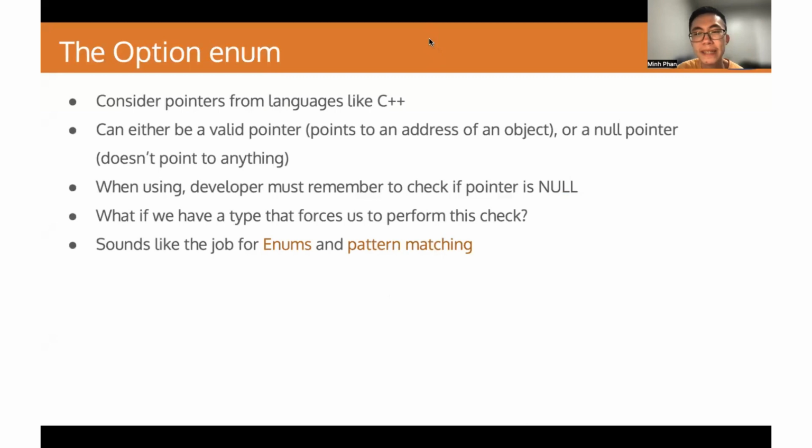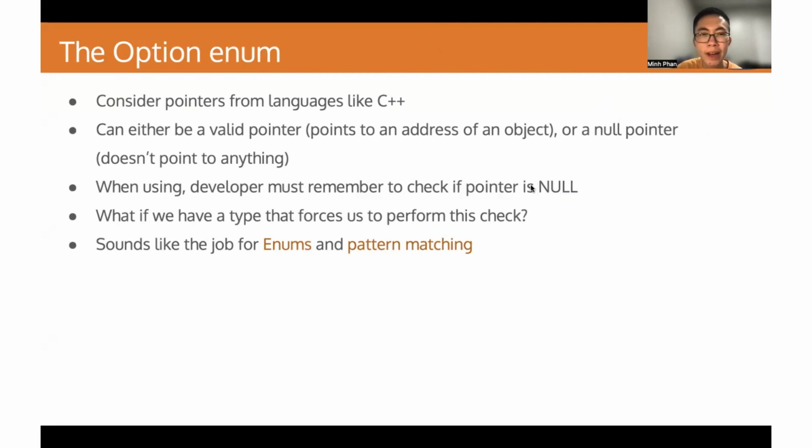Now, let me introduce you to a special enum. You may be familiar with pointers from languages like Java or C++. A pointer can either be a valid pointer, so it points to an address of an actual object, or a null pointer, meaning it doesn't point to anything.